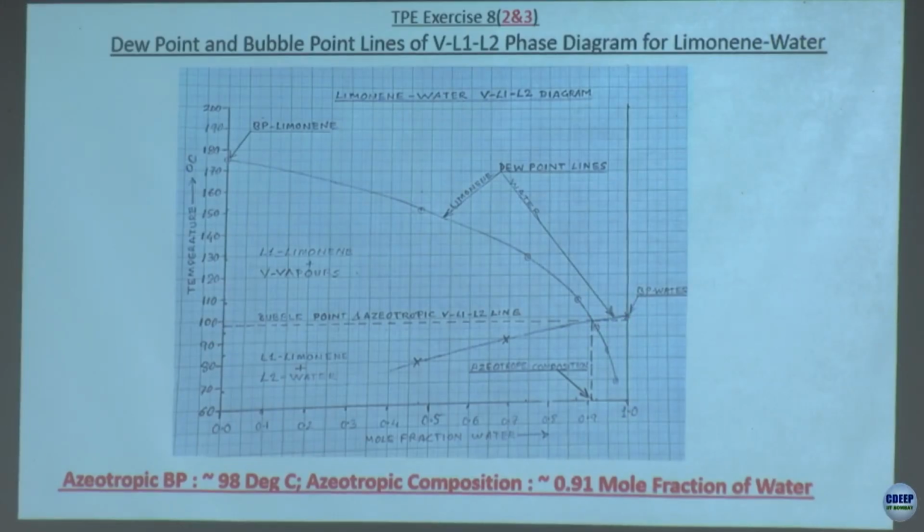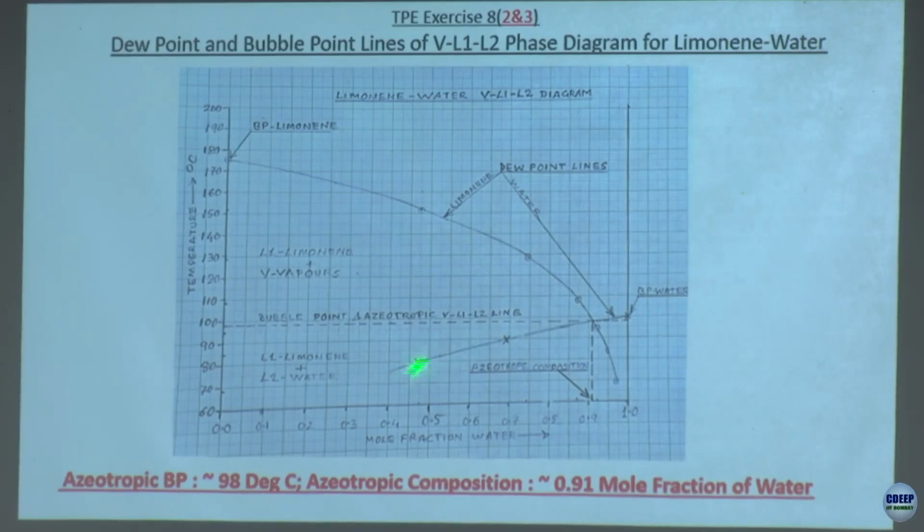Another observation one must make: this particular line for water is not altered by which is the other component present in this pair. So whether it is hexane or limonene or something else, this line would be just the same in this analysis, which is a slightly approximate analysis.